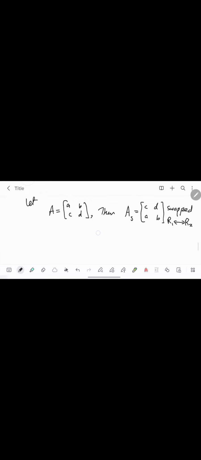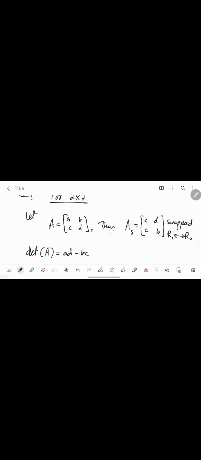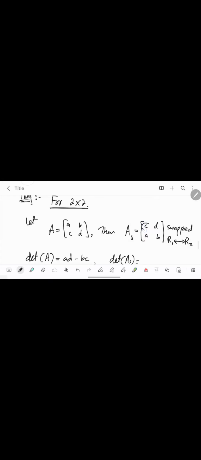Okay, so take the determinant of A first. It is just ad minus bc. Just multiply these two things and multiply these two things and take the minus. What is the determinant of A_S? Multiply these two things, bc, minus multiply these two things, cad.